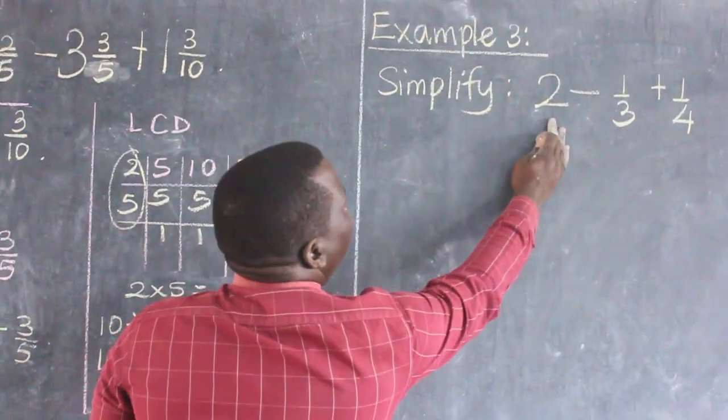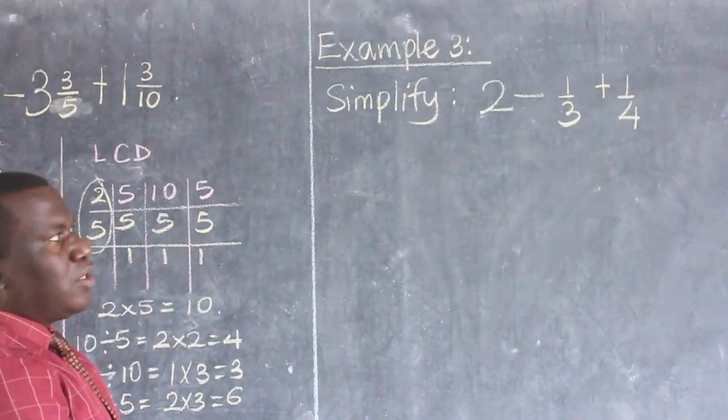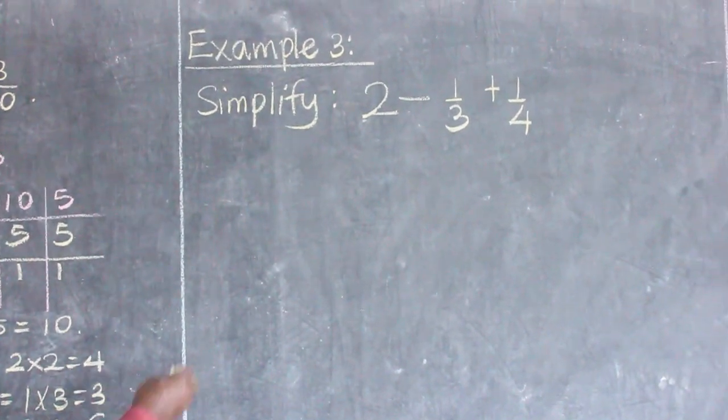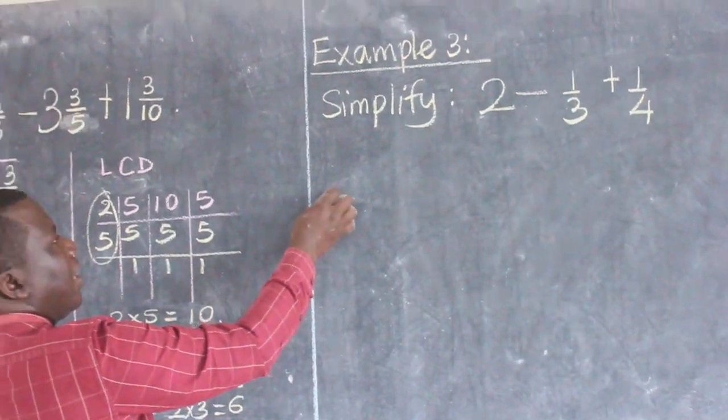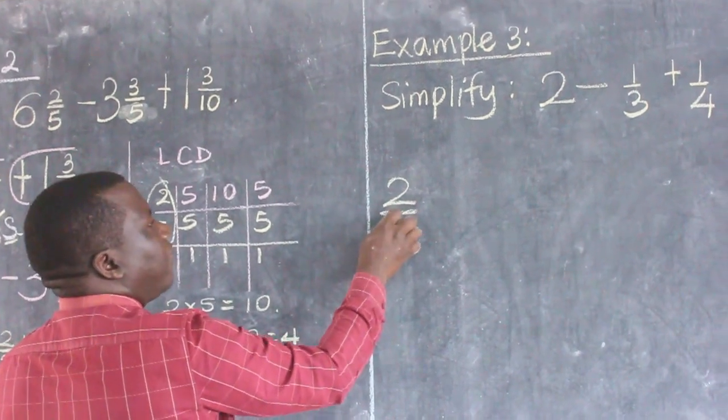Remember, this 2 is a whole number. We should make it also a fraction. So in rewriting it here, we shall have 2 make it also a fraction.